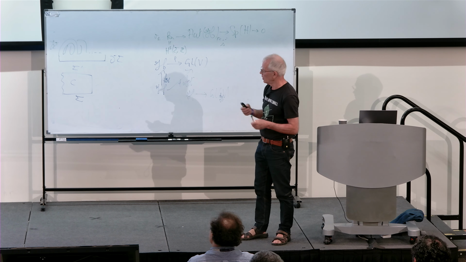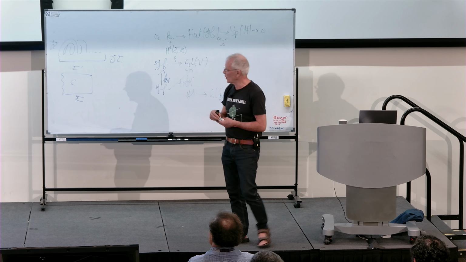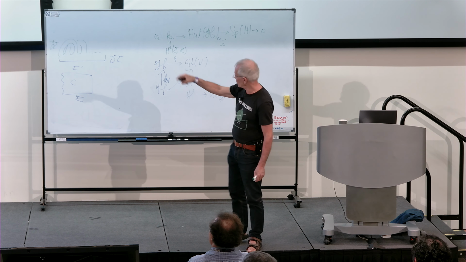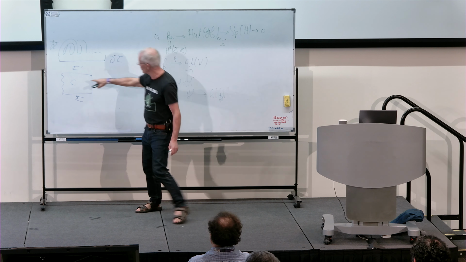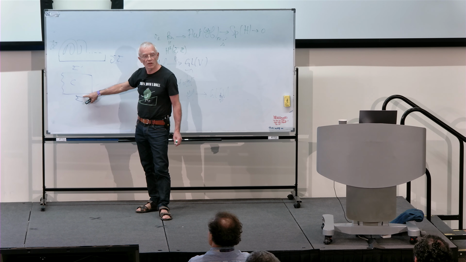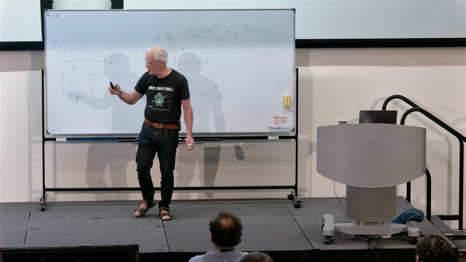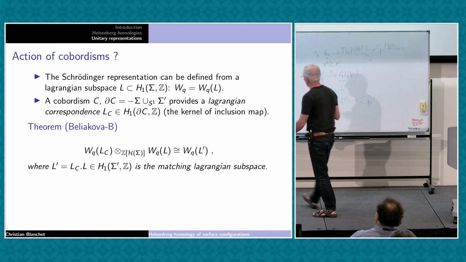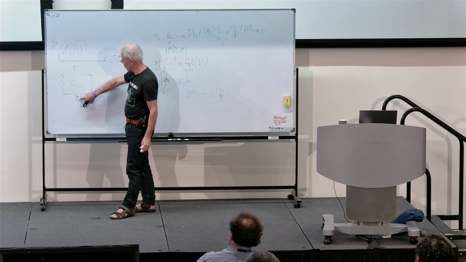And then what we prove with Anna is that this Lagrangian correspondence acts on the Schrödinger local system. I wrote this as a tensor product over the Heisenberg algebra of the entire surface.